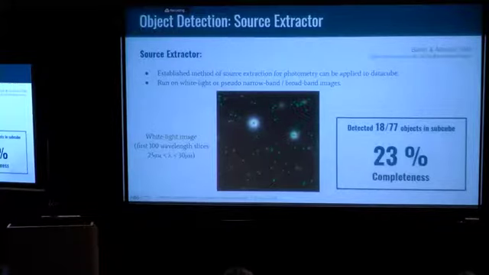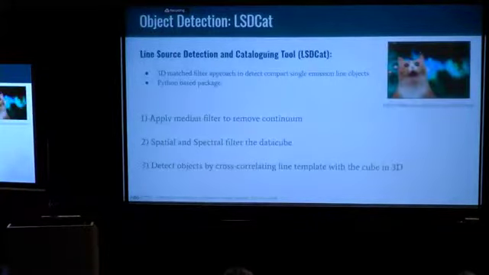So I started looking at LSDCAT. So the way this works is it's essentially this 3D matched filter approach. In essence, this is a 3D convolution of an emission line template across the cube.